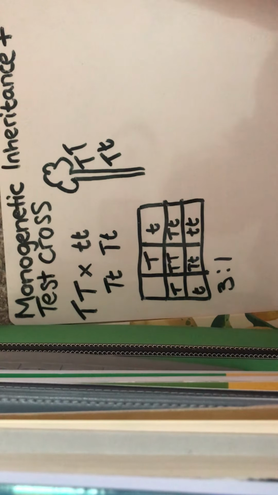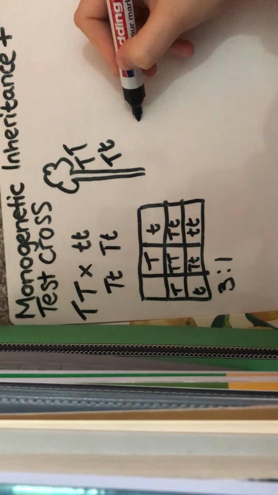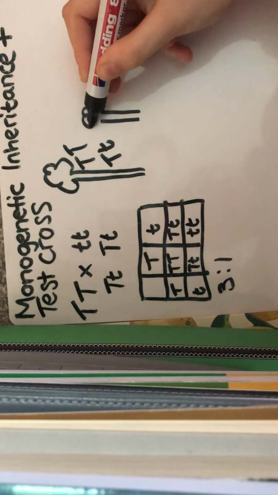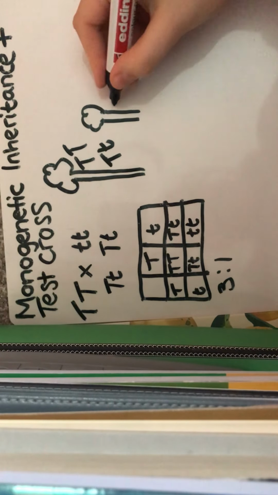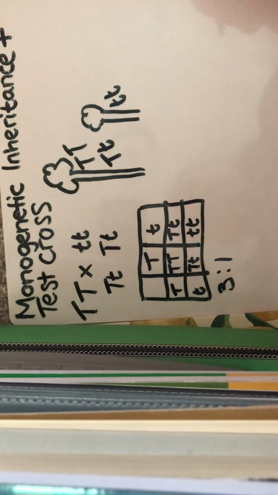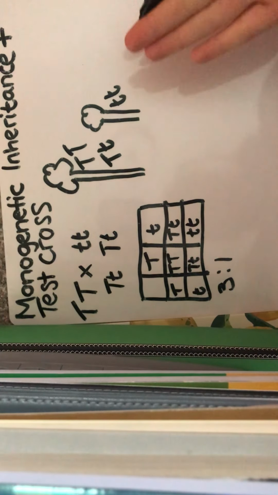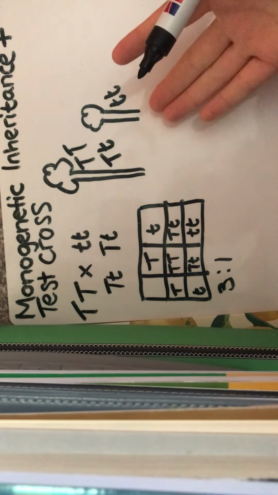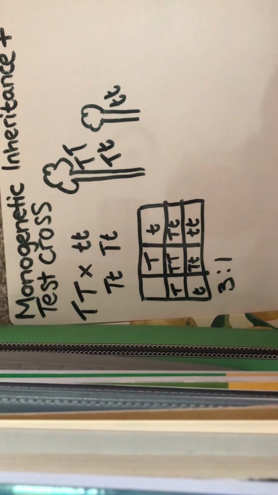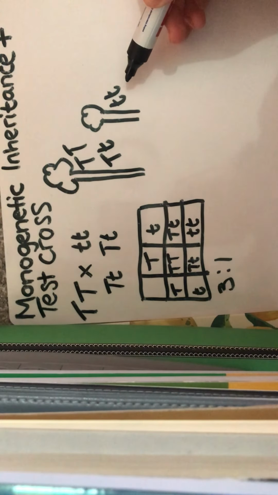Just by looking at it, we won't be able to know that. So what we would do is get a short stem plant, and because it would have to have two recessive alleles to express this short stem characteristic, we know that it's homozygous recessive.